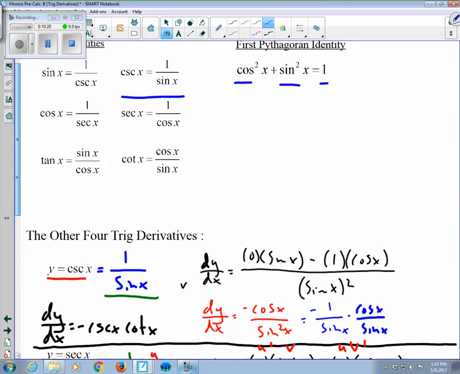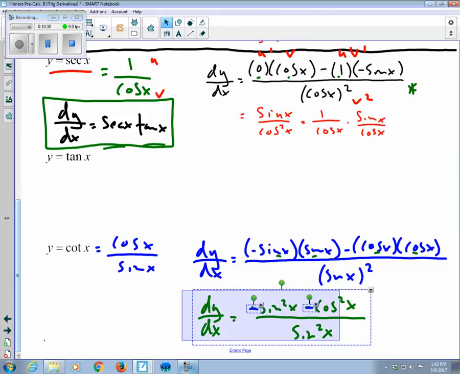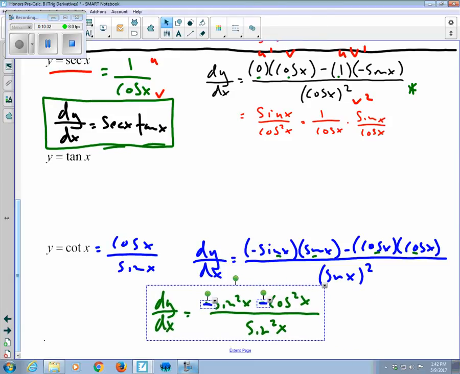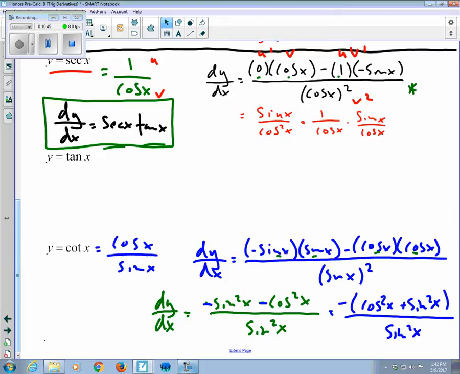So right here, what we're going to do is factor the negative off of the numerator. That's going to give us negative cosine squared x plus sine squared x over sine squared x. Now we've got that first Pythagorean identity of cosine squared x plus sine squared x, which we know equals 1.